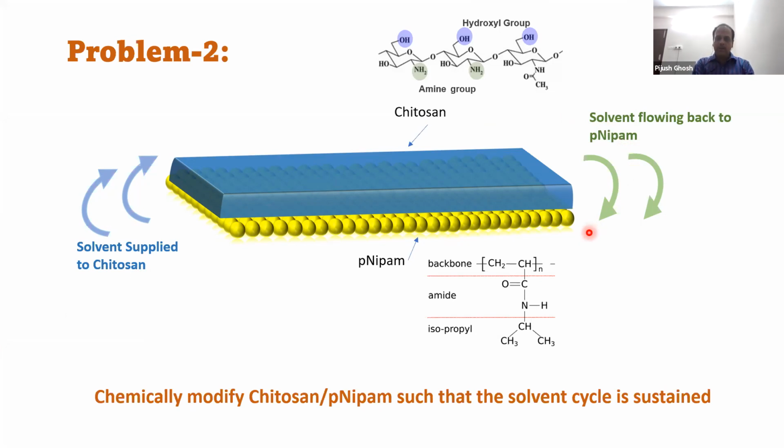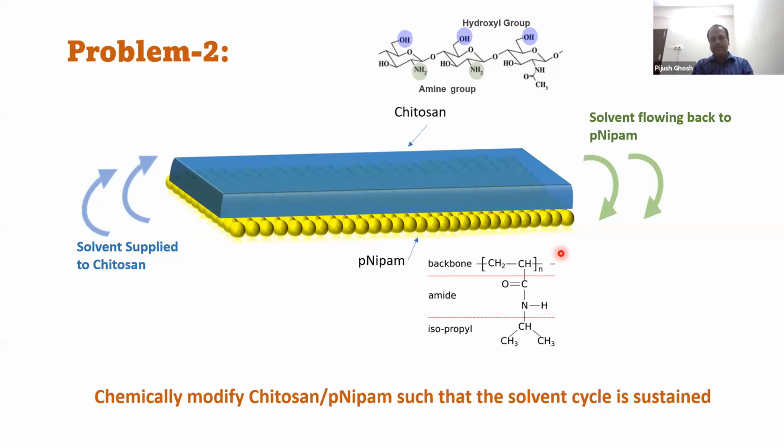The water or the solvent, you can put any other solvent as well, that the PNIPAM is supplying needs to be cycled between the chitosan and the PNIPAM. It has to be, so that the system is more effective.